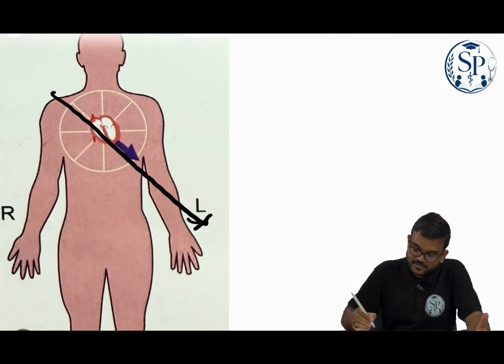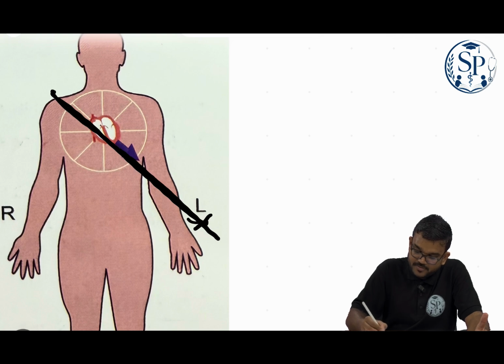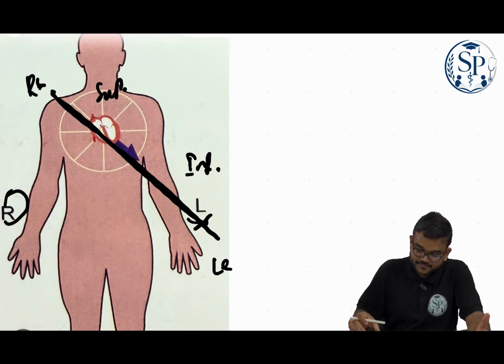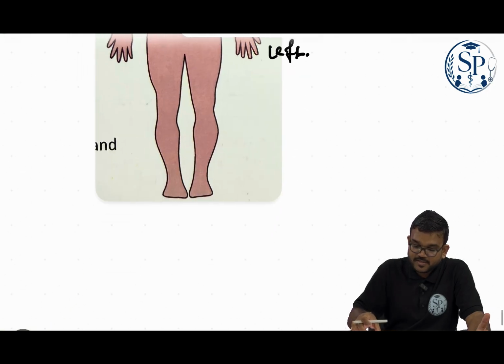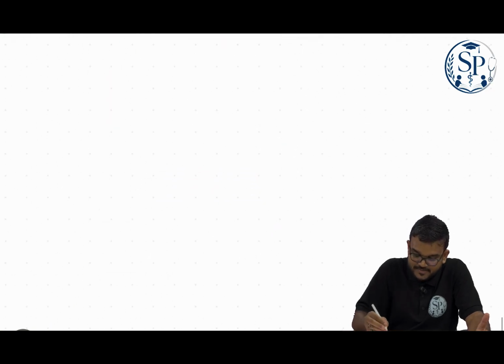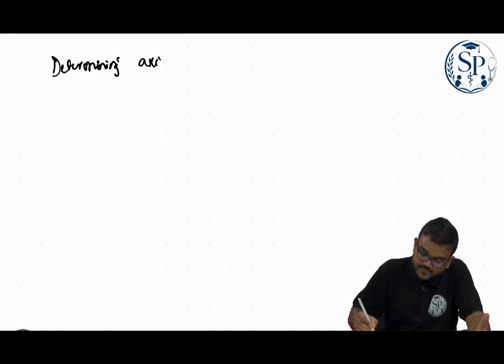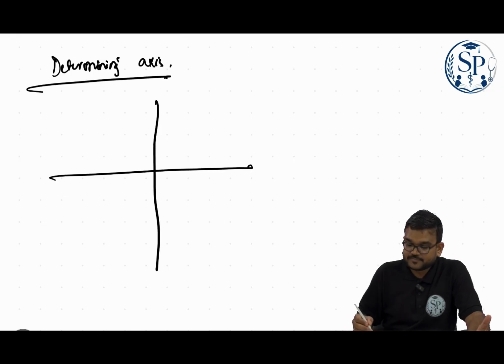It is from superior to inferior and from right side to left side. Okay, now how will you determine different cardiac axes? Determining axis. Here the concept of the hexaxial system comes into role.